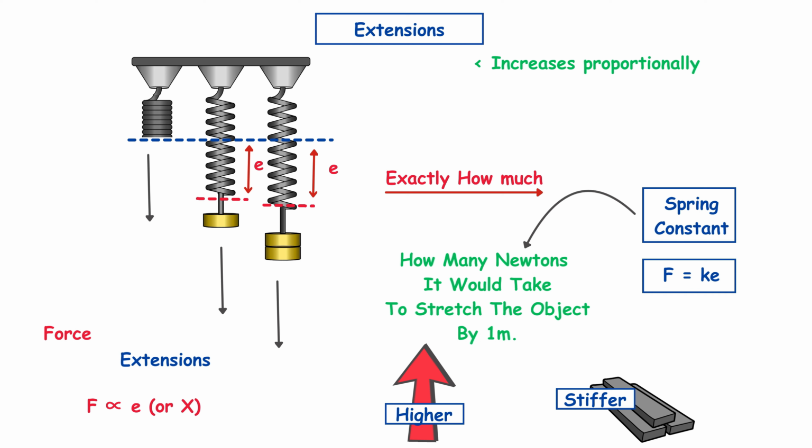When we include this constant in our proportionality expression, we arrive at the formula force equals spring constant multiplied by extension. The spring constant is measured in newtons per meter, and the extension is measured in meters. The spring constant tells us how much force in newtons is needed to stretch the spring by 1 meter. The larger the spring constant, the stiffer the spring or material, meaning it takes more force to stretch it.